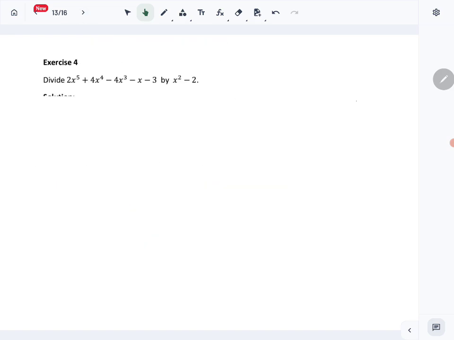Right. So we need to divide this. So what is this? This is p of x. This is the divisor d of x, right? So what should we do? We should put the dividend inside. 2x to the 5, 4x to the 4 minus 4x cube, plus 2x plus 5. Right. Now notice there's no x squared term, right?